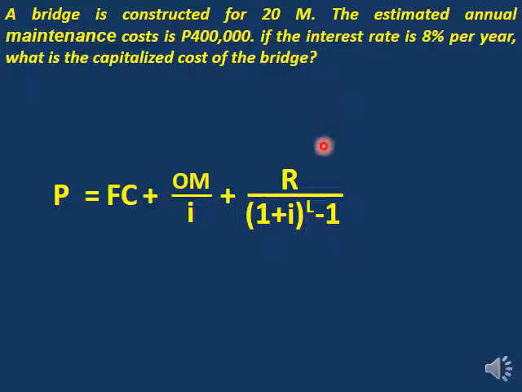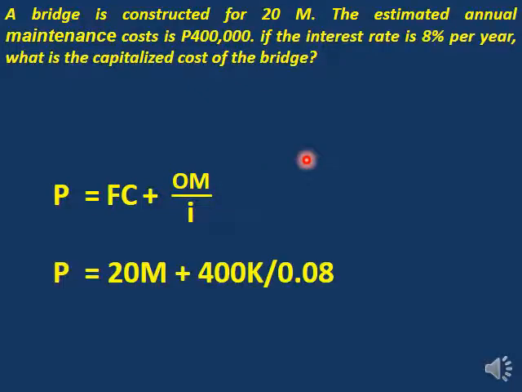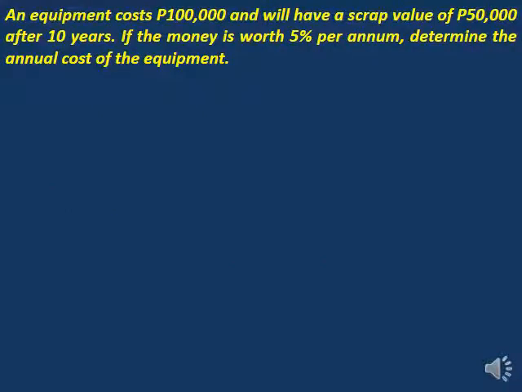Therefore, this bridge is assumed to be immortal. So we don't have repair, we don't have reconstruction costs, so we will eliminate the last term here. And then we'll substitute all of the given. We have 20 million plus 400,000 divided by 0.08. Determine the capitalized cost.